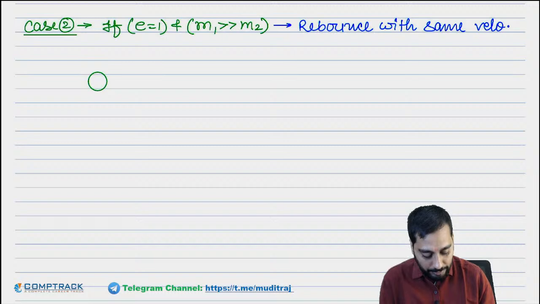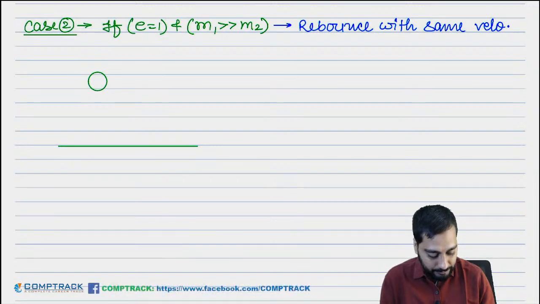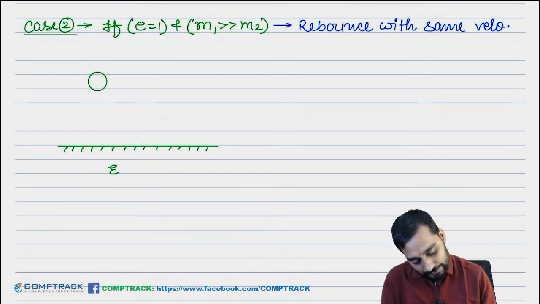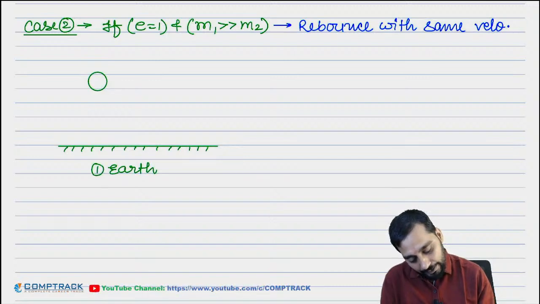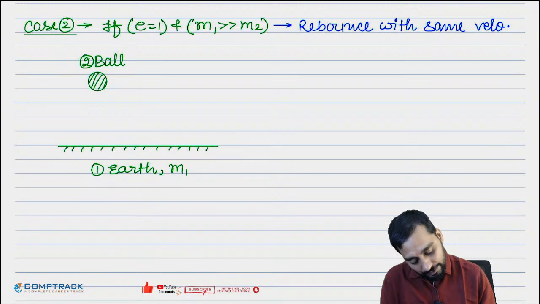Two bodies we are considering. Earth is our first body, and the ball is our second body. So this will be the mass m1, this will be the mass m2.